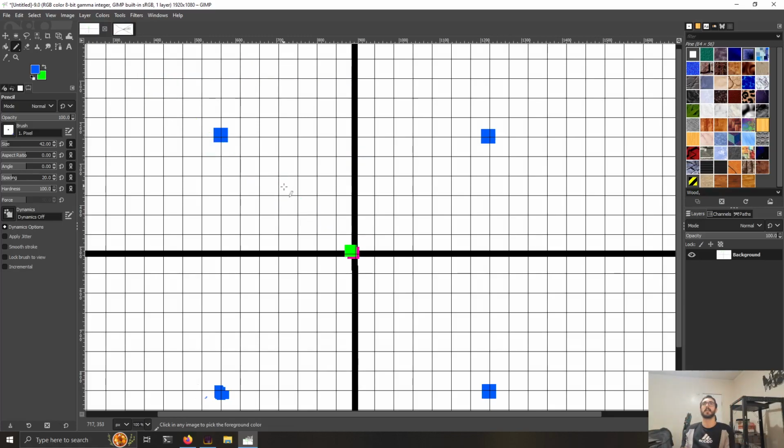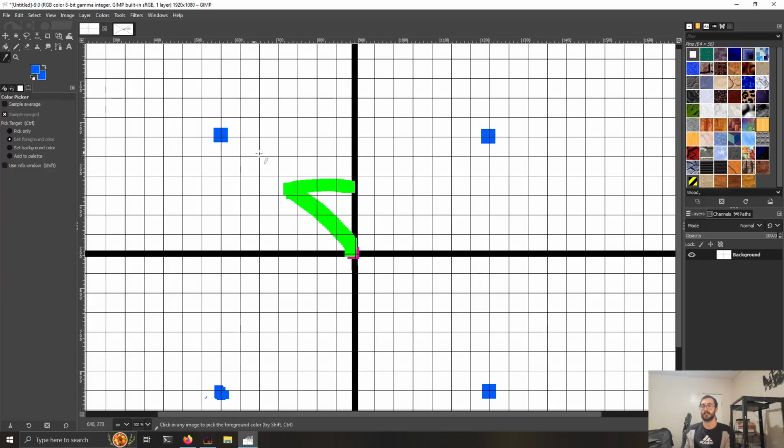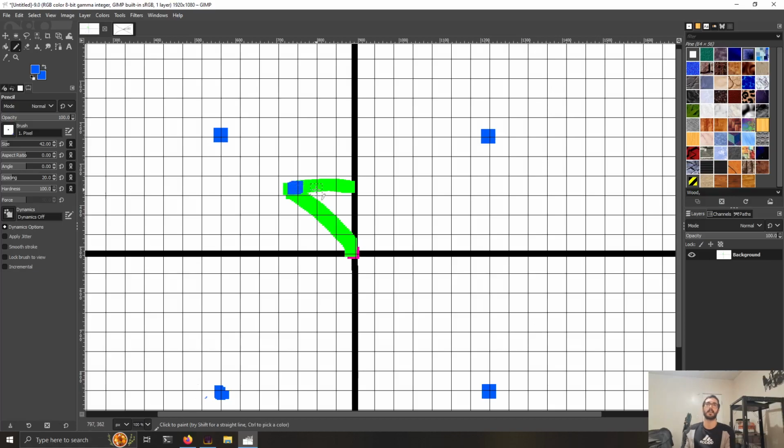But if we're getting further away, we can take that same angle and scale it down and make our new point right here. So we're taking the triangle and just scaling it.